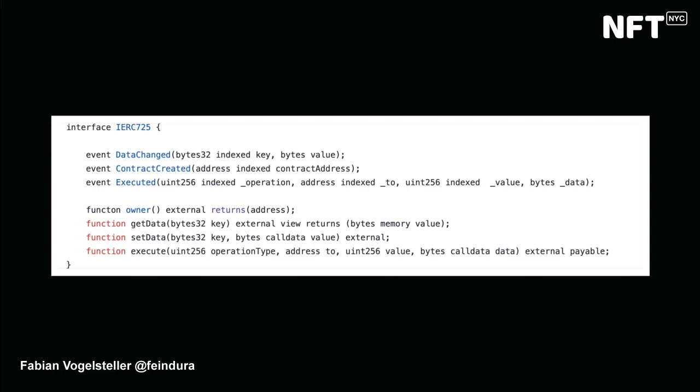So basically, ERC-725 is a standard I proposed in 2017, and it's already old by now. It's actually a very simple standard, and it's two standards at the same time. One is for a key-value store that you can change, so it has getData and setData, and one is a generic execute function. And both of them are very useful for profiles, but they're also very useful for metadata in an NFT.